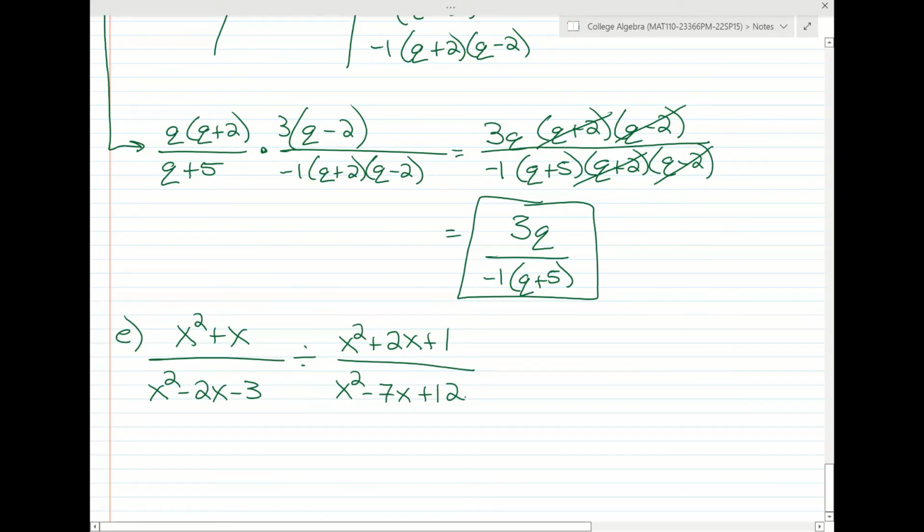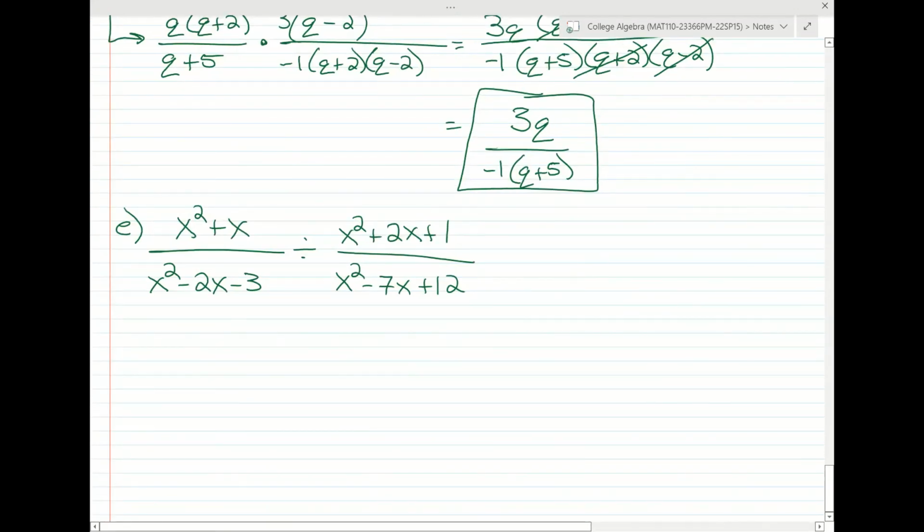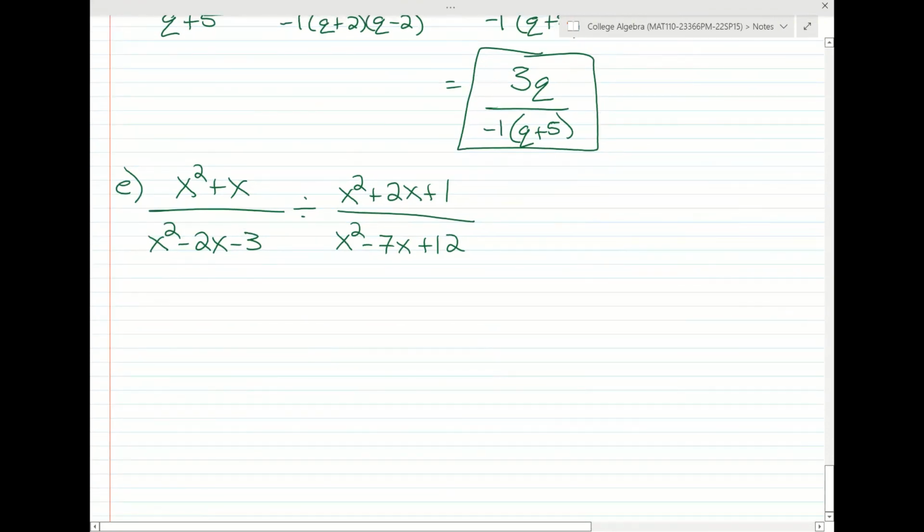You know how to factor, feel free to do it on your own. You don't have to wait for me. What we're going to do is factor completely, then multiply by the reciprocal, then cancel out common terms. Just make sure that you factor carefully.